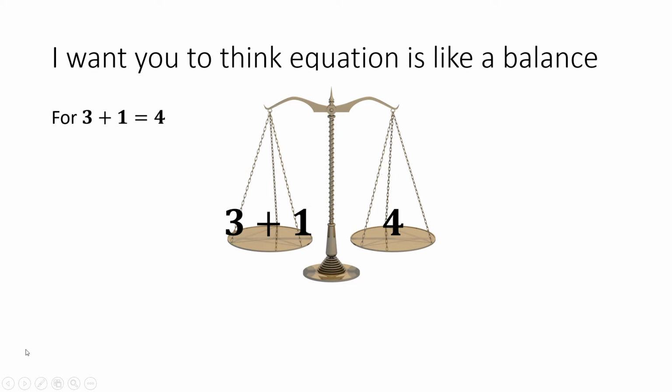If you only add 5 to 7 plus 3, one side of the scale will tip like this, and that's not correct. It's not balanced. That means the equation is not true, because 7 plus 3 plus 5 gives you 15, and 10 is not equal to 15. That doesn't make sense.